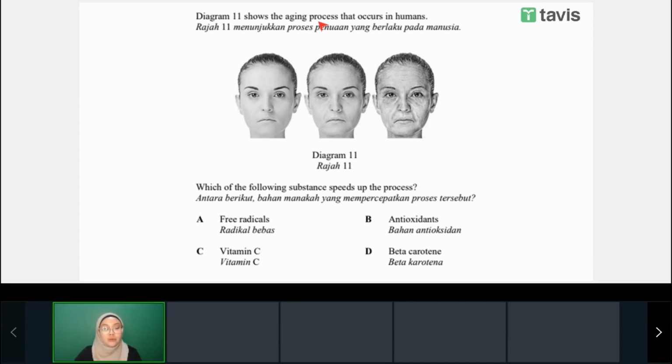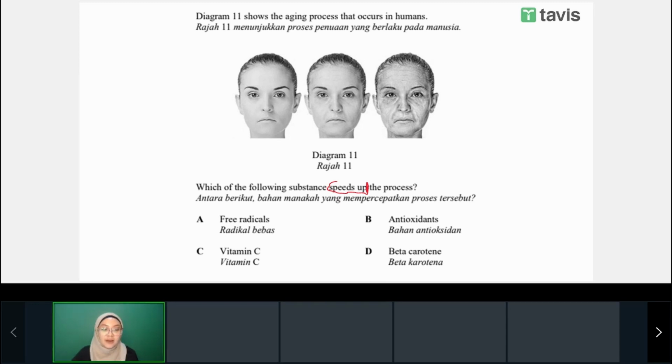Diagram 11 shows the aging process that occurs in humans. From young, it becomes aging to old. Which of the following substances speeds up the process?